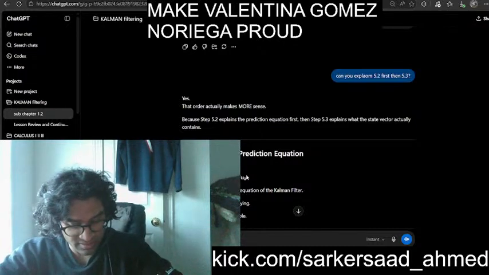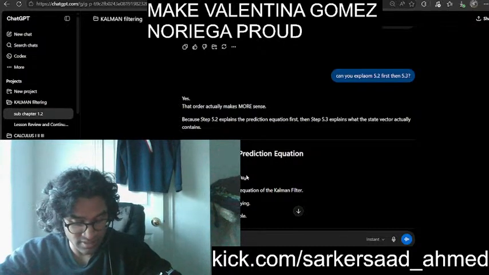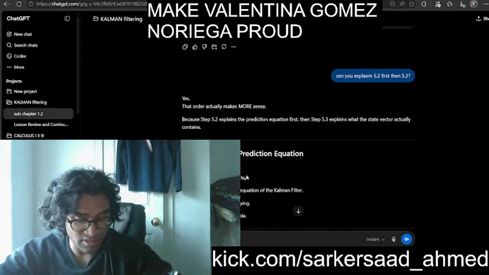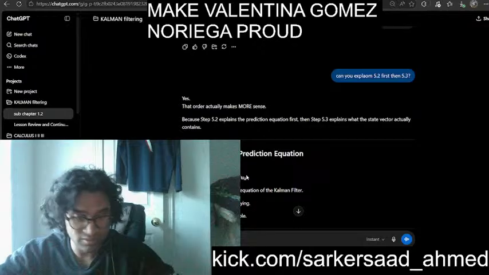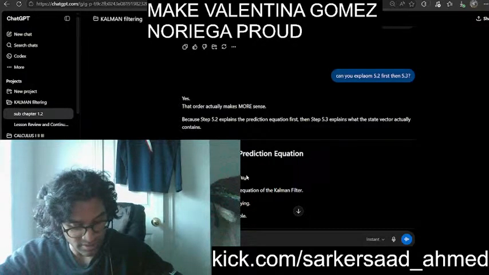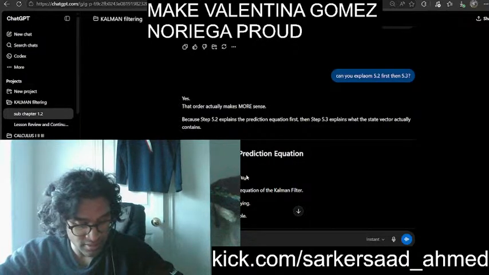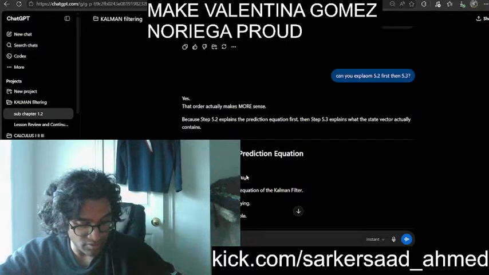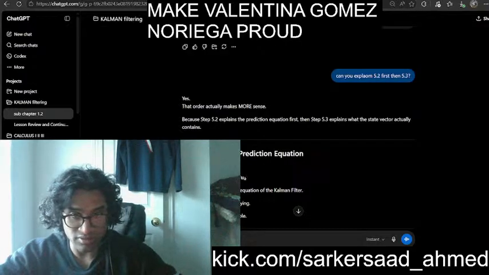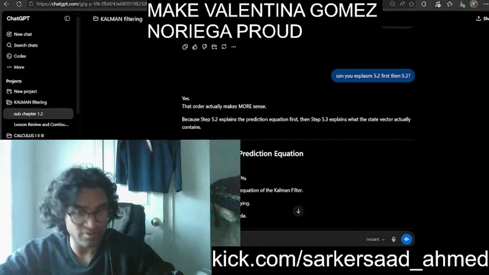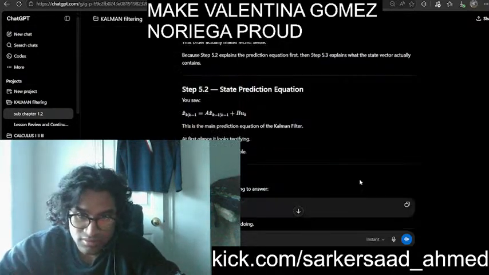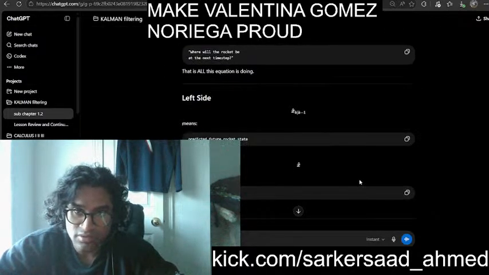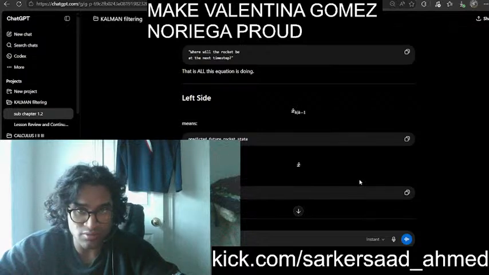So x hat of k given k minus 1 is equal to A x hat of k minus 1 given k minus 1, right, plus B u of k. So this is just where will the rocket be?